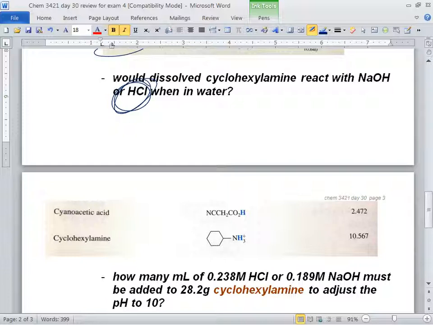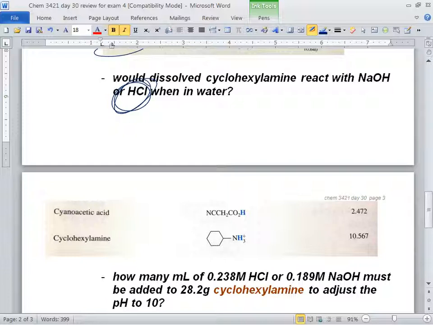So that makes this a conjugate base, A minus. This name is the conjugate base. A minus can only react with H plus and make this thing. So this has to react with HCl.